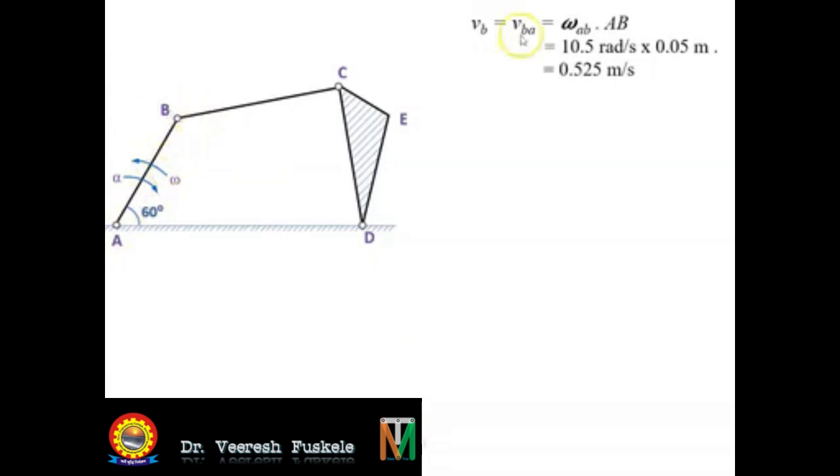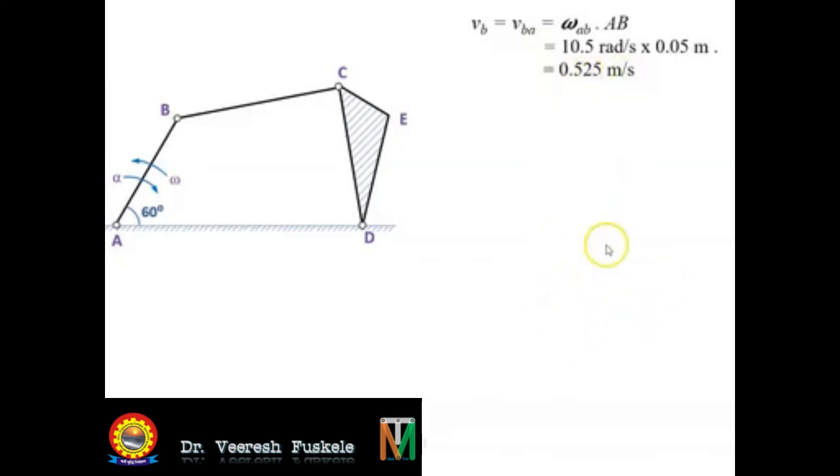This can be calculated as the angular velocity of AB into the length of the link AB, that is V is equal to omega R. Angular velocity is given as 10.5 radians per second and the length of the link AB was 50 mm, so it would be 0.05 meters. So the velocity VB, or VBA, is 0.525 meter per second.